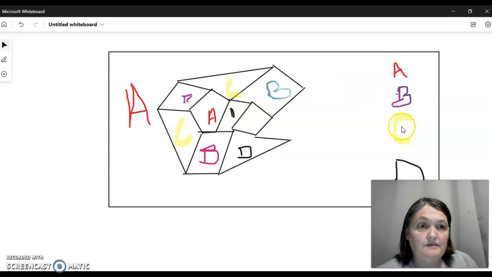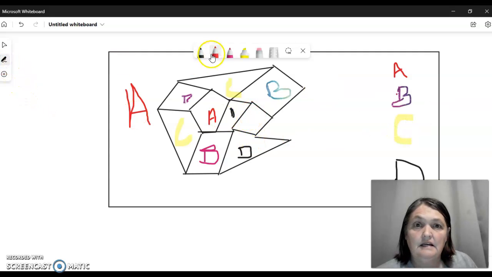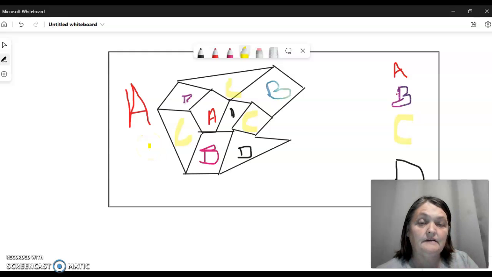It can't be B or D, but it can be C. So we still can color it in 4 colors as we go down. We can erase sides and get rid of faces and still keep going.